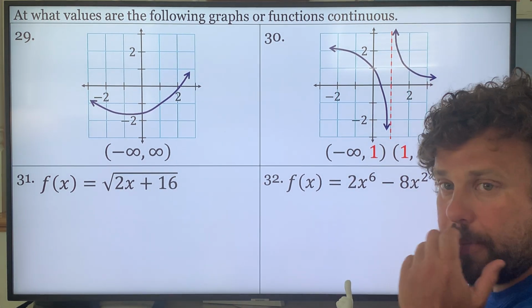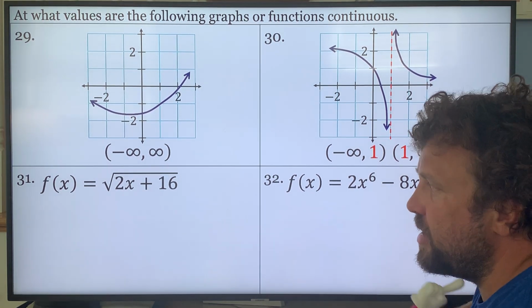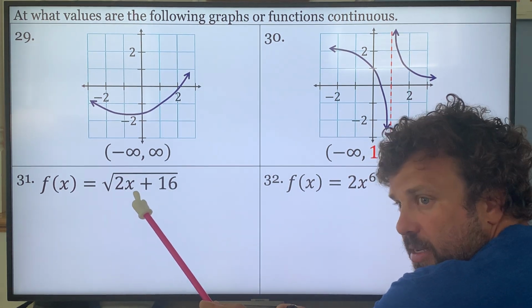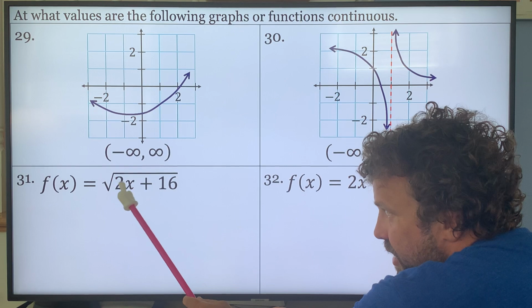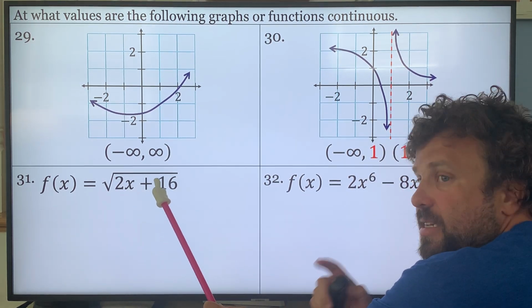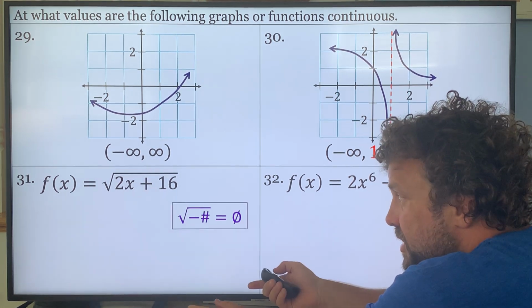Let's look at this function. Oh, remember domain and range? All right, so this function is continuous everywhere except for where this function is undefined. Where is this function undefined? When anything under the radical is negative. So 2x plus 16 has to be greater than or equal to 0, okay?